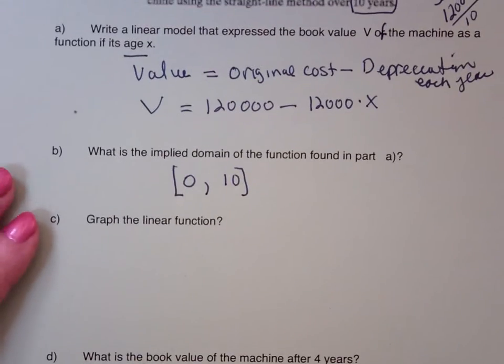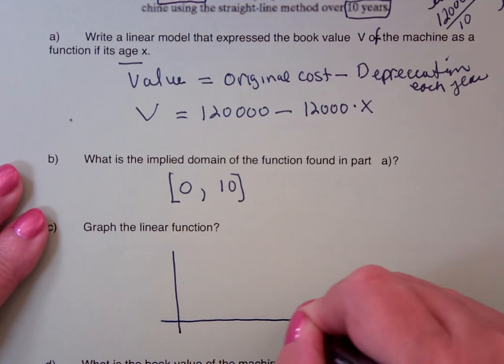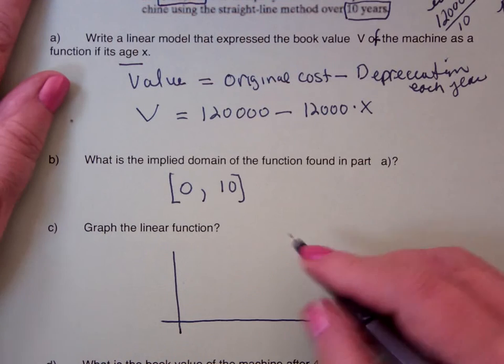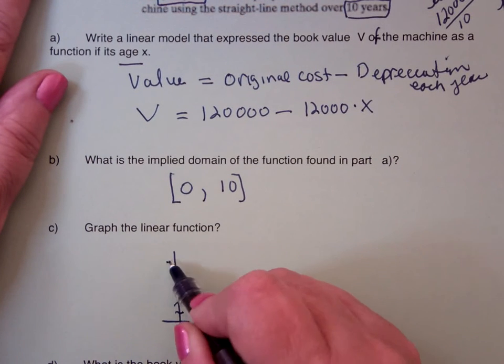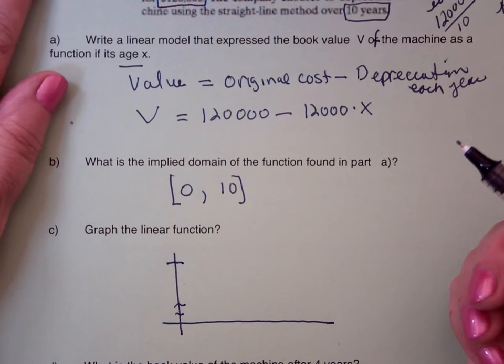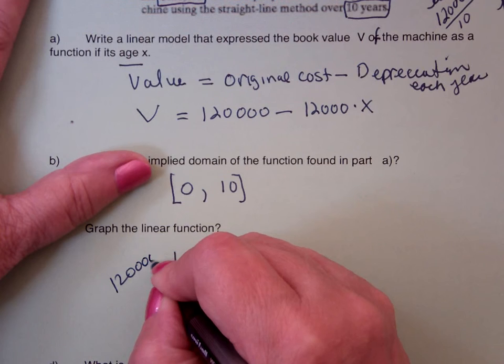Graph the function, linear function. That's easy in a sense that we know what the values are. Again, I'm going to make a break in my graph, and we know that at 0, the beginning of time, it's $120,000.